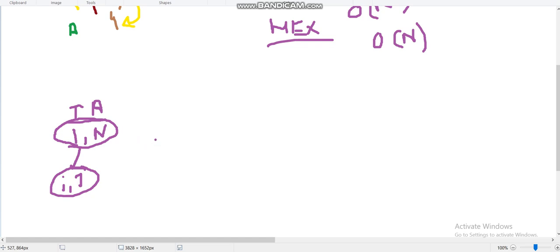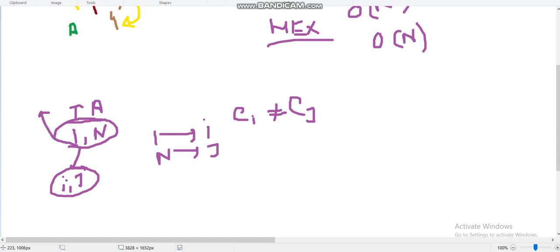There are two conditions here. The first condition is that 1 is adjacent to i and n is adjacent to j, and the second condition is that the color of i should not be equal to the color of j. Now if we do a BFS considering this as a node, you might think the time complexity is order of n squared for the number of nodes, because every (i, j) node is required.